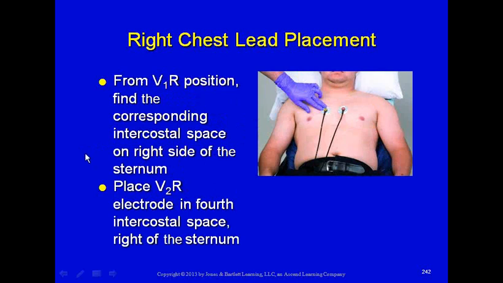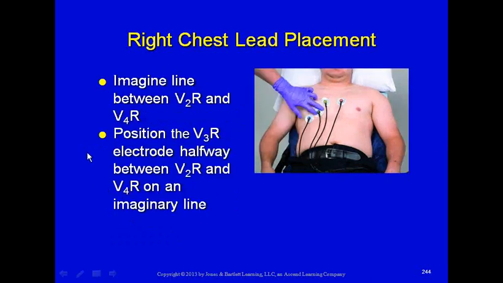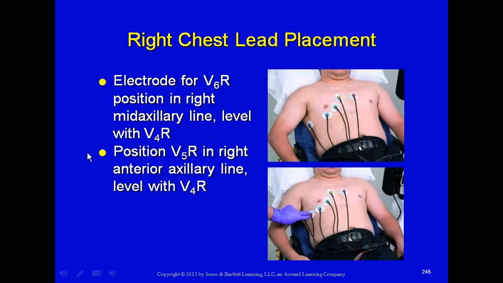Okay, so here they're showing you hooking up V1, V2, V4, V3, V6, and then V5. But what you'll notice, as they're noting here on the slide, is that you've got V6R, V4R, V5R.